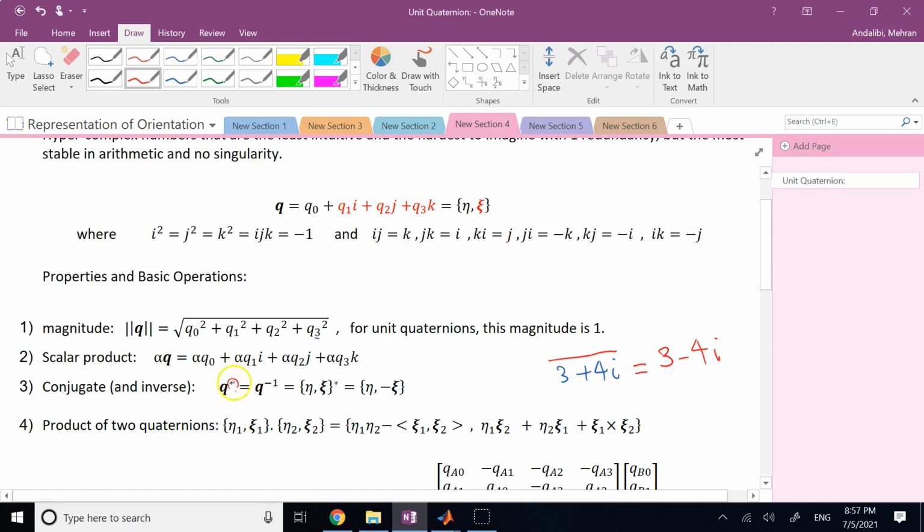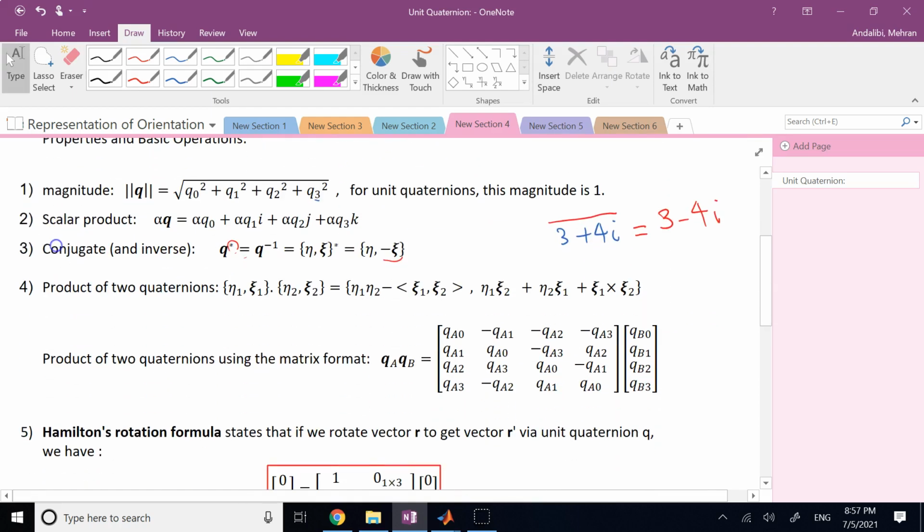So the complex conjugate of q is what? The eta stays the same, but the zeta, which is the imaginary part, is negated. So it's going to be q naught minus q1 i minus q2 j minus q3 k. That is the conjugate of a unit quaternion.